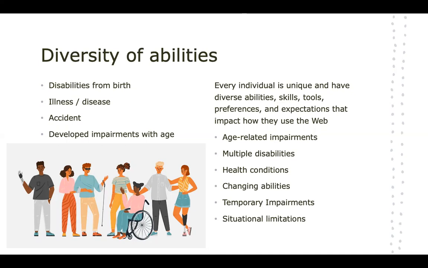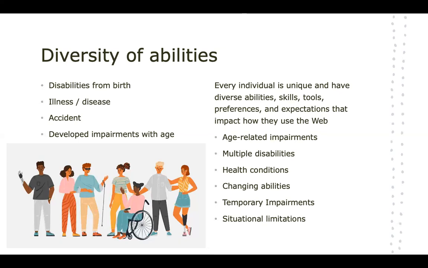And some may have disabilities caused by the development of impairments with age, like a person developing Alzheimer's over their lifetime. Every individual is unique and has diverse abilities, skills, tools, preferences, and exceptions that impact how they use the web. It is important to consider the following aspects.